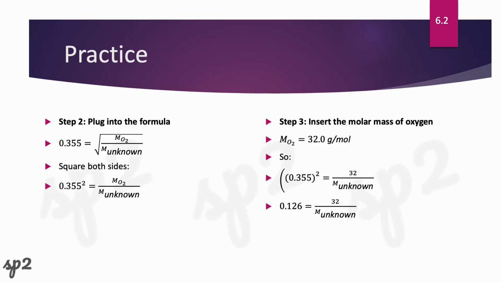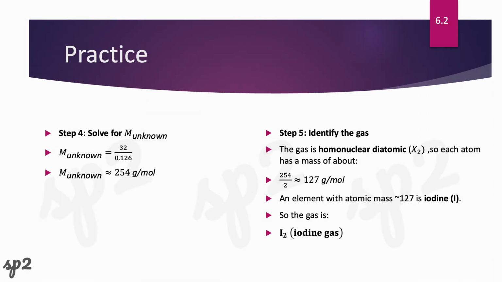Then you plug them into your formula using the M of the oxygen gas, which is 32 grams per mole. And that would give us 0.126, which is equal to 32 over the molar mass of your unknown, right? Okay. If you solve that for the unknown, it's going to give us 254 grams per mole.